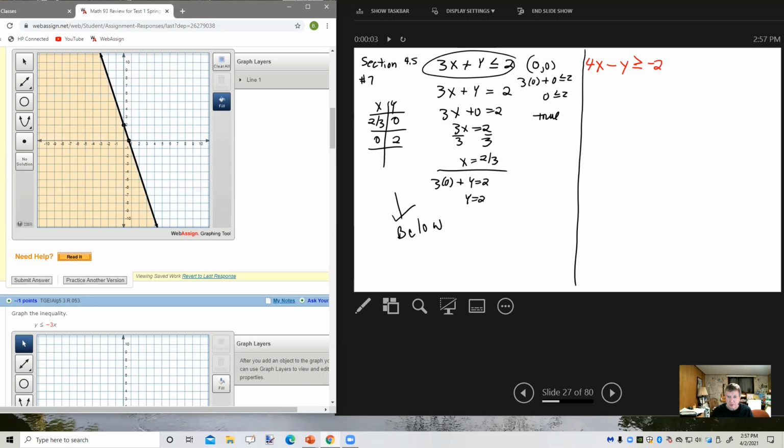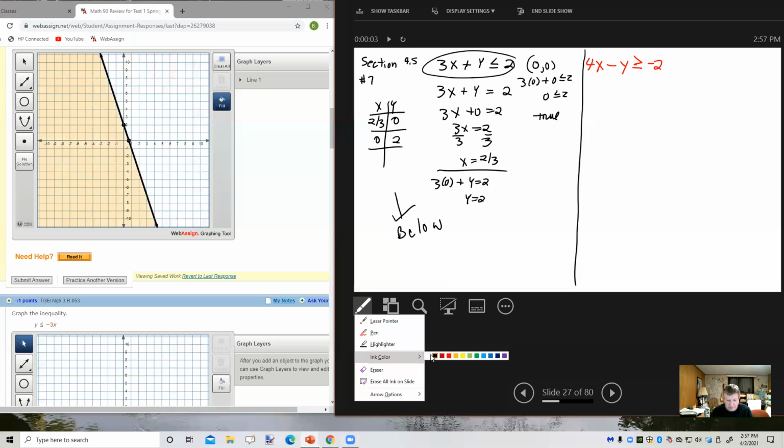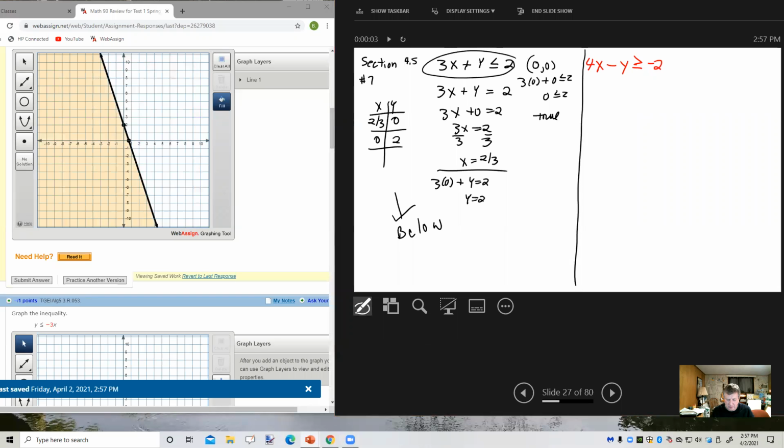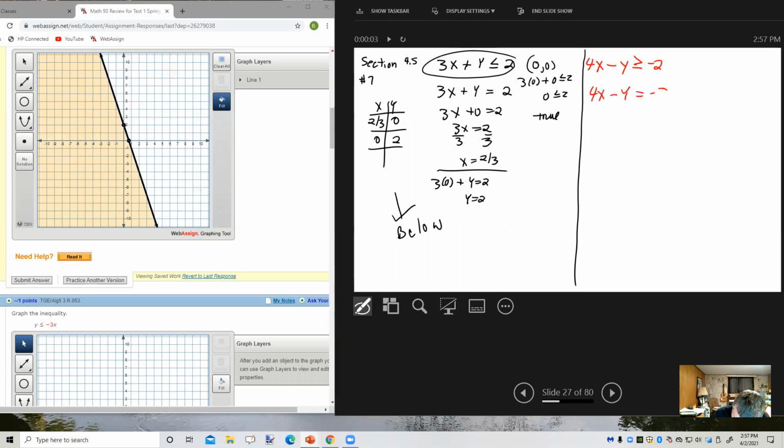Now let's go back and do the red inequality. I'm going to look at the related equation, and again I'm going to find a couple of points, the x and y-intercepts. To find the x-intercept, set y equal to 0. 4x minus 0 equals -2. 4x equals -2.